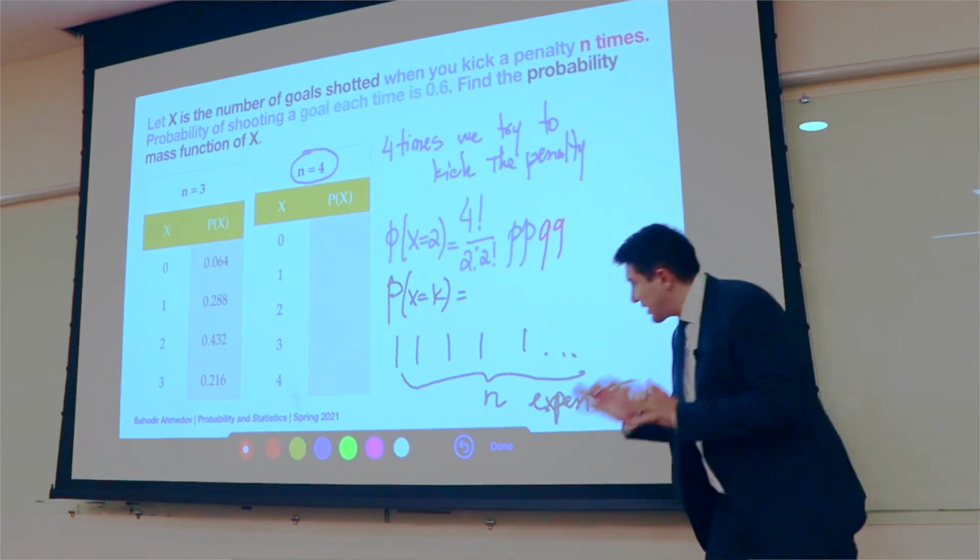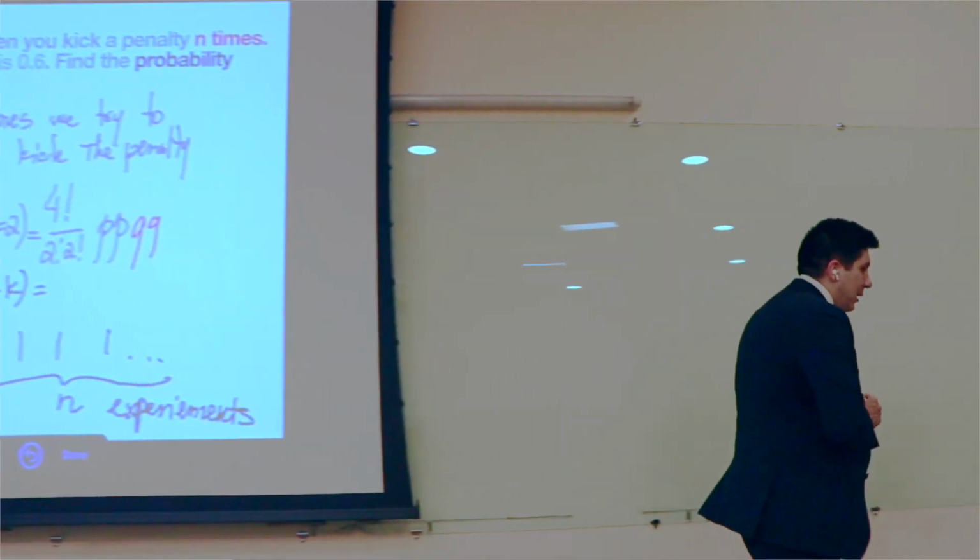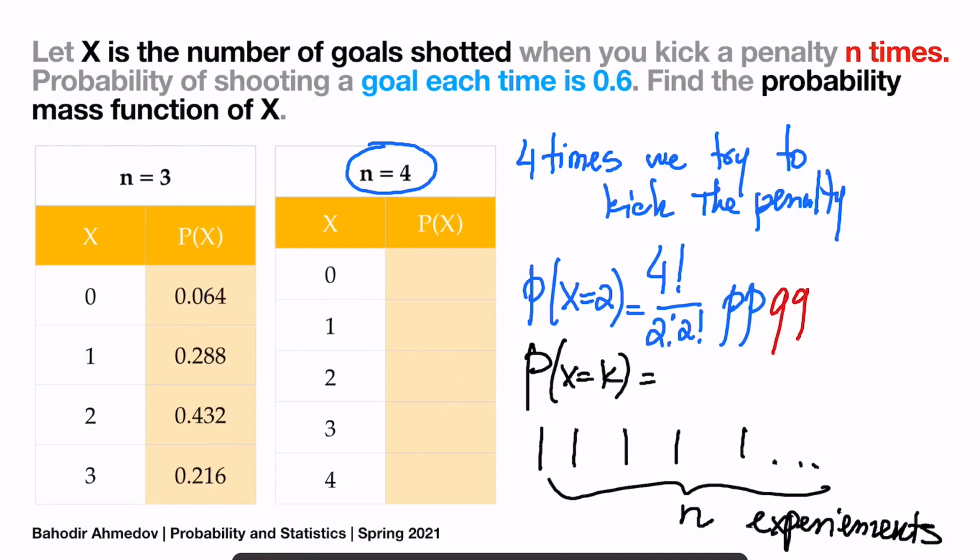Okay, but at the same time, I know that exactly k of them should be P's. So here I need to get P, here I need to get P. So the number of P's is equal to k, because the number of successful trials is equal to k. There should be P to the power of k, and the number of Q's is simply n minus k, because the rest should be Q's.